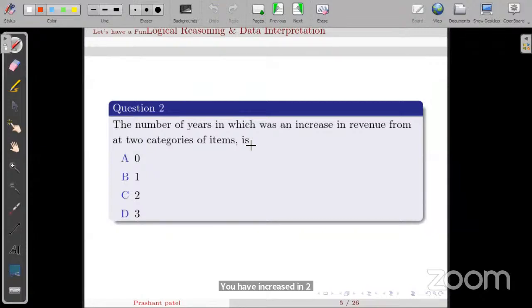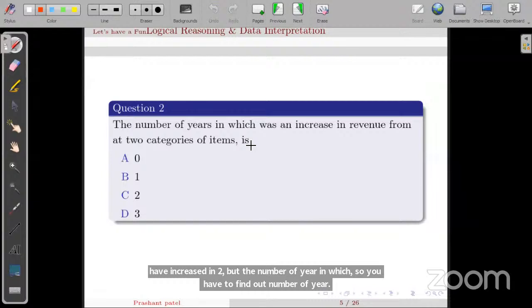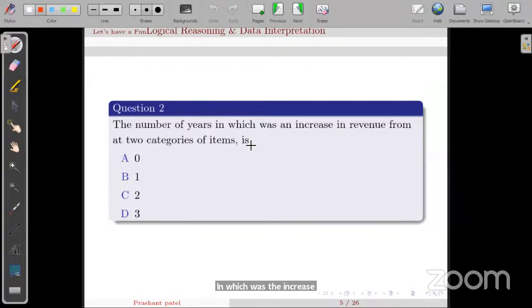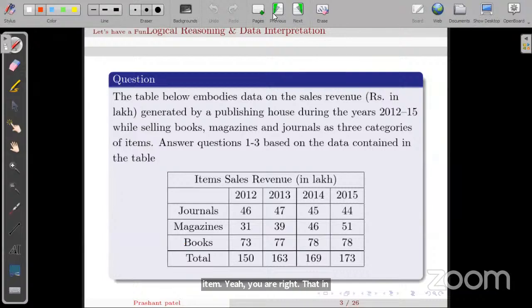So you have to find out the number of years in which there was an increase in revenue at 2 categories of items. Yeah, you are right that in magazines and books there is an increase, but in which year, that is also important.